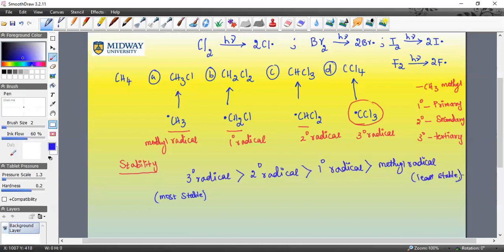In the next video, when I come back, I'm going to talk to you about how this concept of radical stability and the free radical mechanism that we learned earlier work for compounds other than just methane. We're going to look at maybe a compound or two and look at the various mechanisms that go on and the various products that are generated in the process, and then that's where we conclude this part of the free radical reactions.